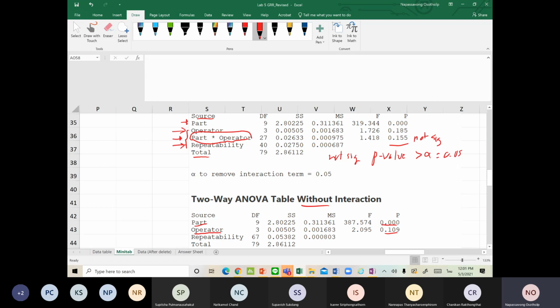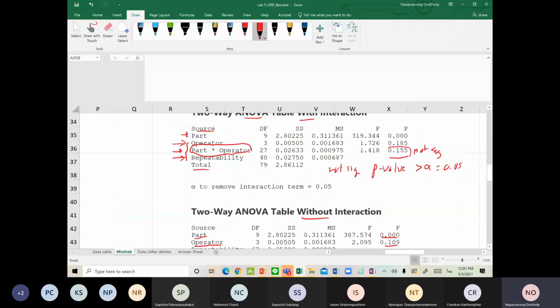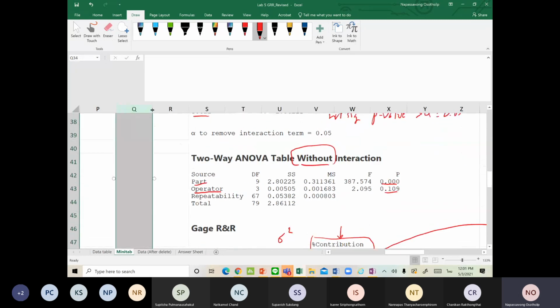One more time: when interaction effect is not significant, you will take a look next at the table without interaction to judge whether the part and operator are different or not. In this case, operators are not giving significant difference because p-value is greater than alpha. So there is no significant difference among operators.